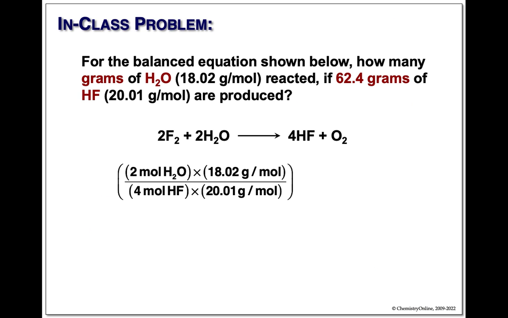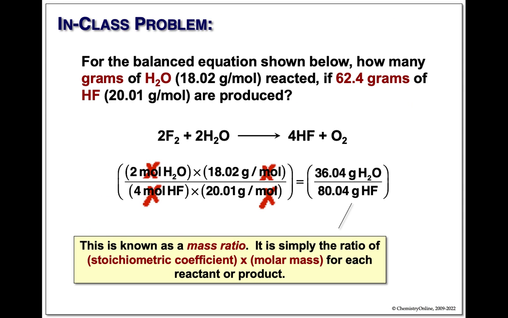If we do canceling, we can get rid of all the moles, and we're just left with grams. Once we do the math, this is what we get. Now, this makes sense, okay? This is logical. This ratio is logical. If you have 36 grams of water, you will get 80 grams of HF.